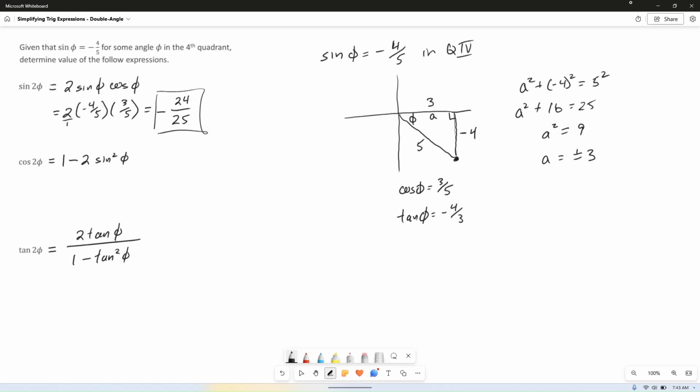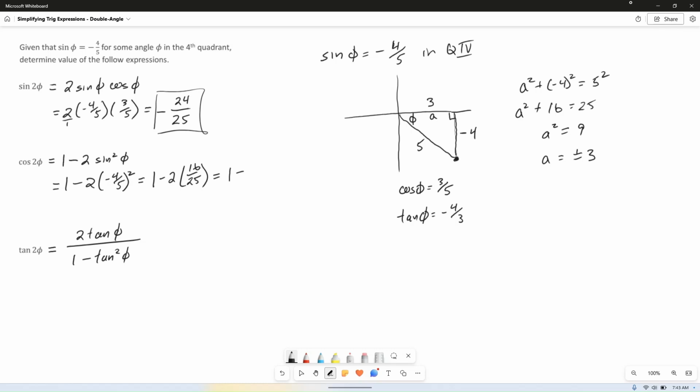For the second part, cosine of 2 phi, we have 1 minus 2 sine squared of phi. So I'm going to replace the sine with that negative 4/5. So 1 minus 2 times a negative 4/5 squared. If we square that negative 4/5, we're going to have 1 minus 2 times 16/25. 2 times 16/25 is going to be 32.